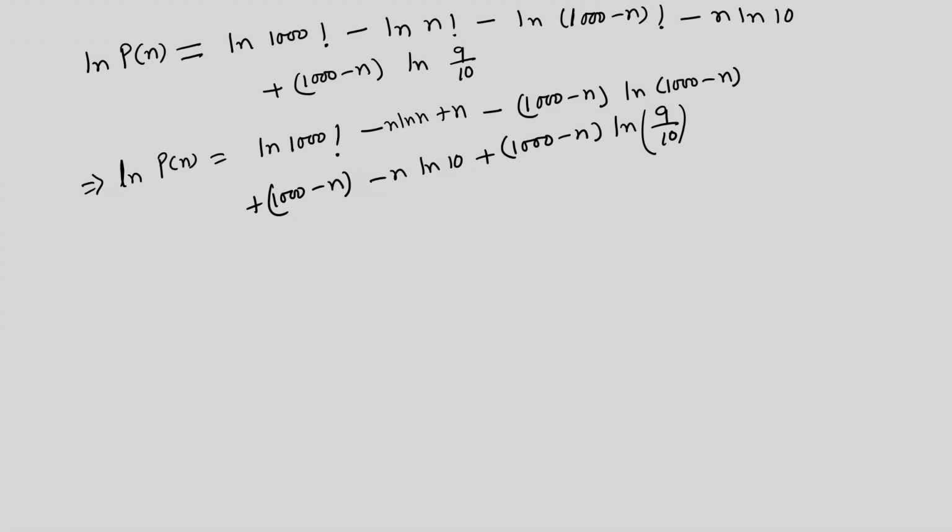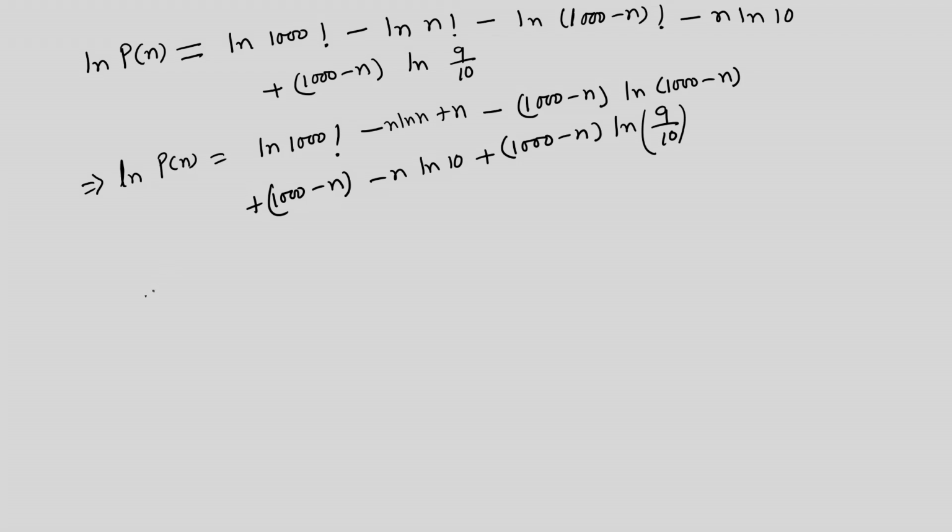now if we differentiate, because we need to get maximum probability, so we need to differentiate the above expression of Pn with respect to n, and then if we make it 0, we get the maximum probability. Okay.